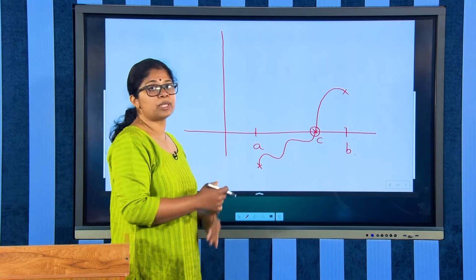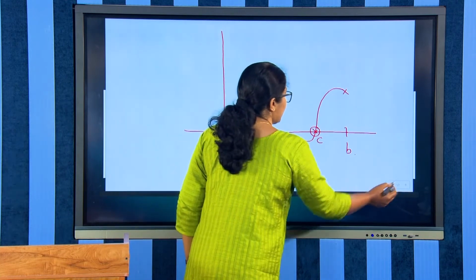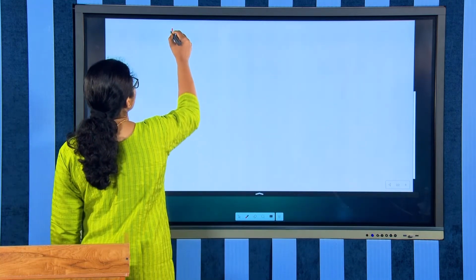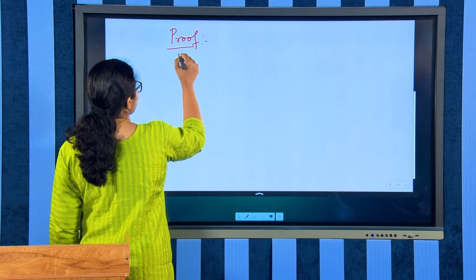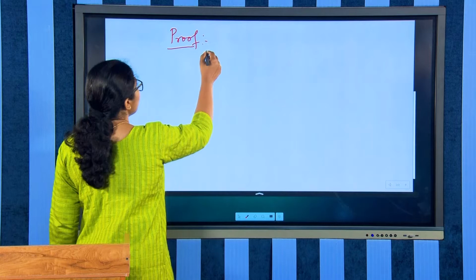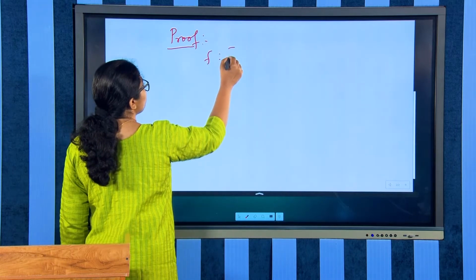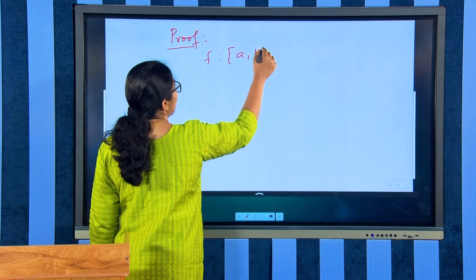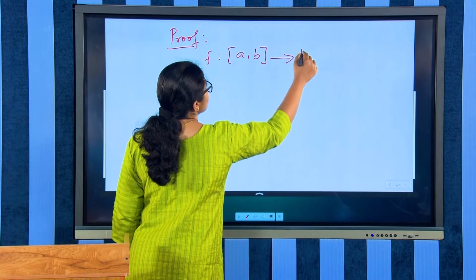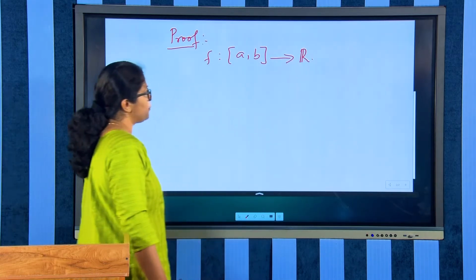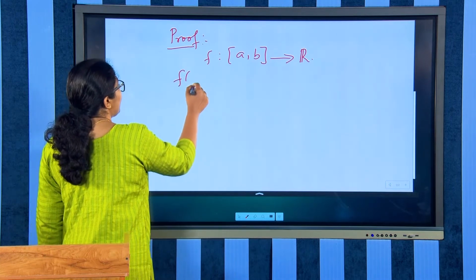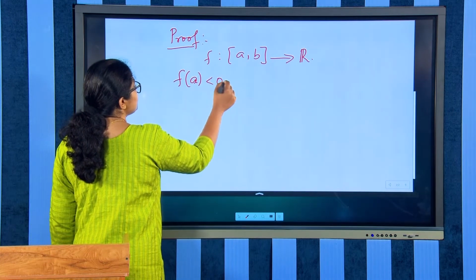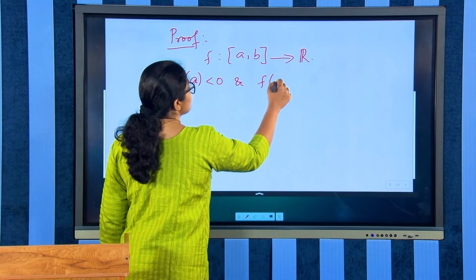Now, let us see the proof of it. Looking at the proof of the theorem, we are given f is defined from the closed interval AB to the set of all real numbers R. Additionally we are given the condition that f of A is less than 0 and f of B is greater than 0.